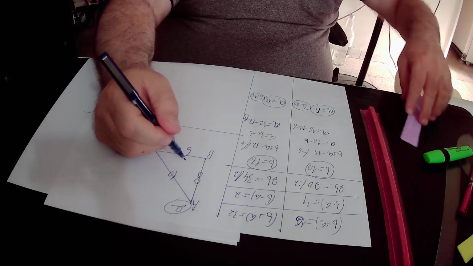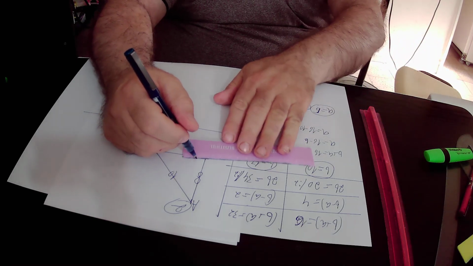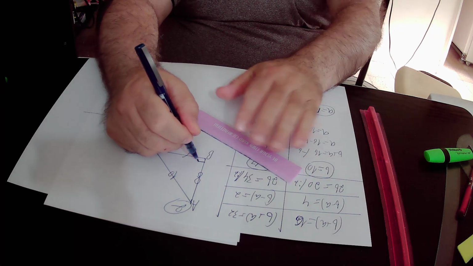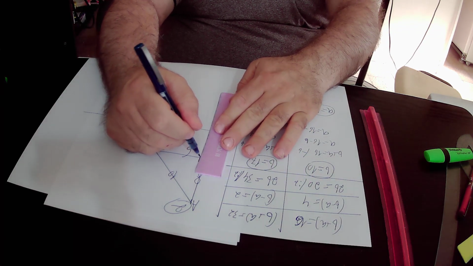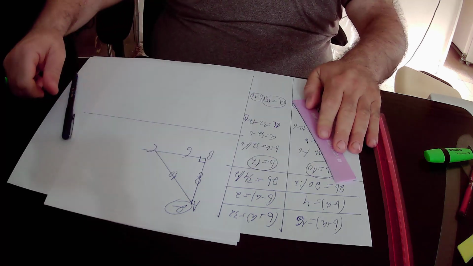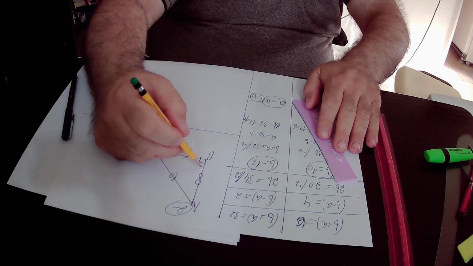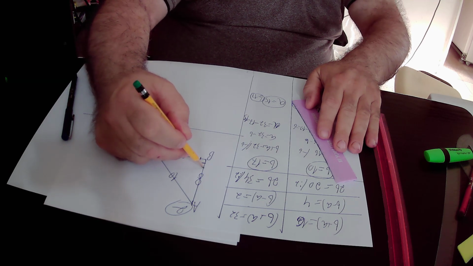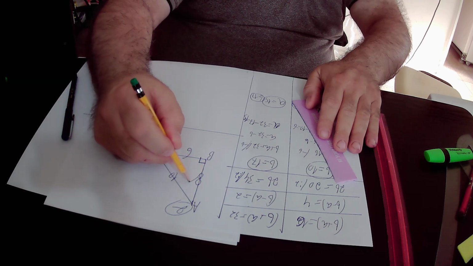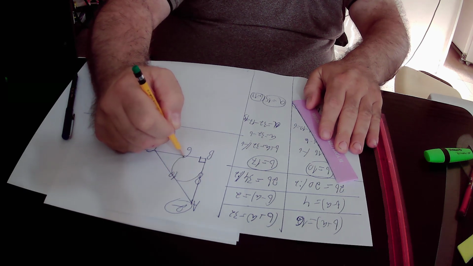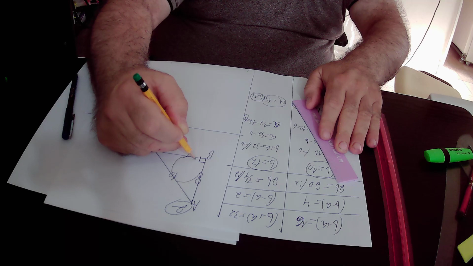Actually, in this specific right triangle, triangle ABC, we have a circle that is inscribed by this triangle and we are looking for the radius of this circle. Find the length of the radius of this circle that is inscribed by the right triangle, triangle ABC.